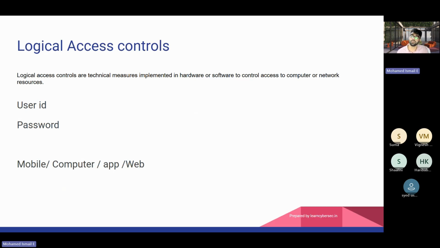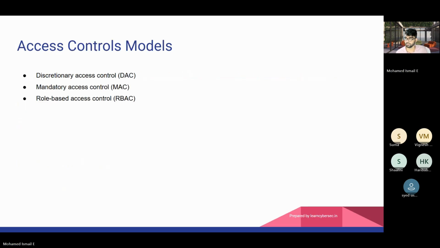Primarily, for maybe the last 5 decades, user ID and password has been ruling the market or industry. Now mobiles, apps, or specific tablets come with various ways of authentication like facial recognition, voice recognition, fingerprint, etc. So logical access controls can be used to prevent unauthorized access.